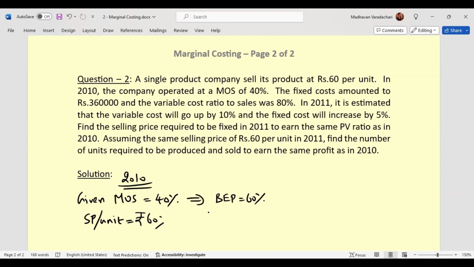Fixed cost is given as rupees 3,60,000. Variable cost ratio is given as 80%, which implies that our PV ratio will be 20%.